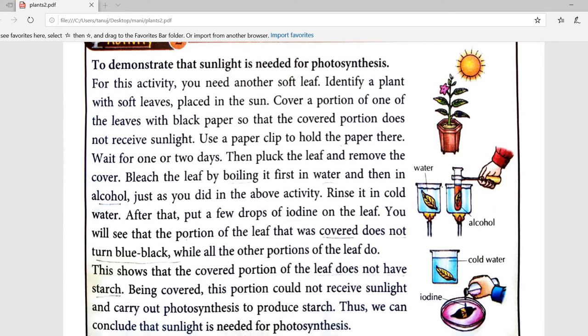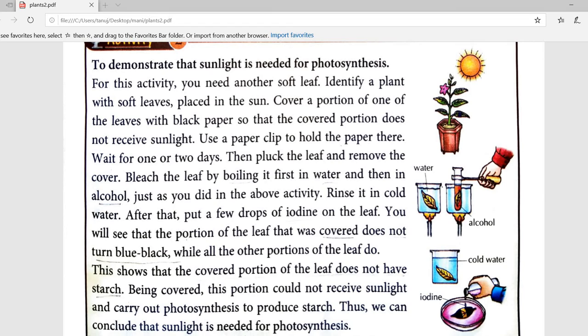The plant which is inside the dark room will die, because the process of photosynthesis is not going on in that plant, because it can't get sunlight, so it will not be able to make its food. And if the plant is not able to make its food, how can it survive? It will die.